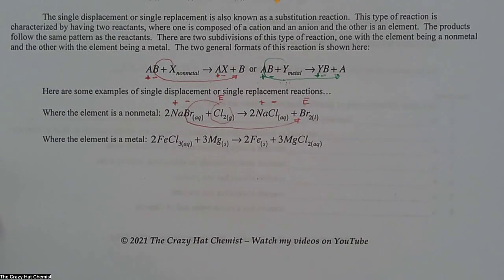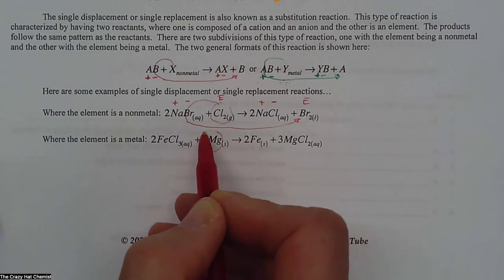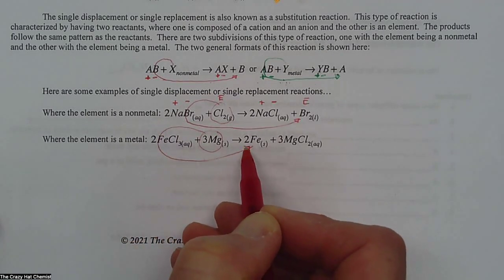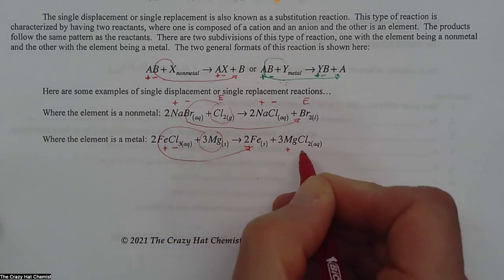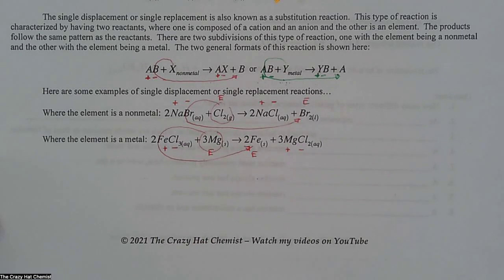The other option here is when we have magnesium. Magnesium is a metal. It will displace the cation, and then the cation will be an element that will be by itself. You have a cation anion, and element. That is the pattern of a single displacement.